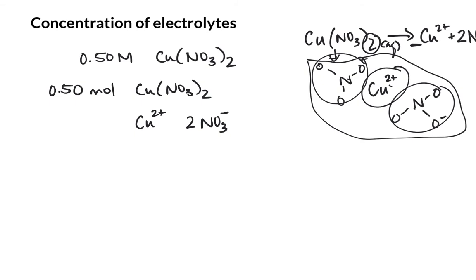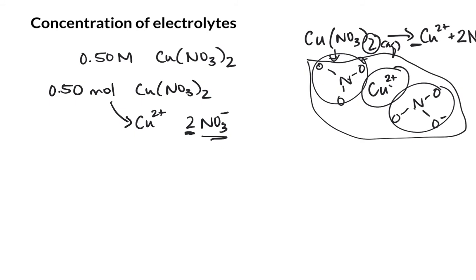And so we are going to have 0.5 mole of copper 2 plus, but the concentration of NO3 is we get 2 NO3s for every 1 mole of copper nitrate.